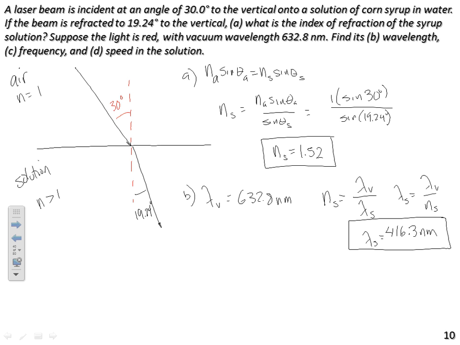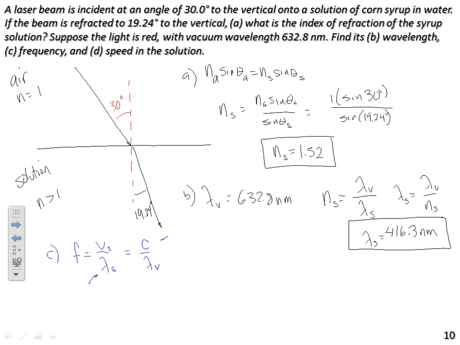Now the frequency, careful here, the frequency, part C, we can do one of two ways. For sure, we're going to do v over lambda. Right? So we can either do v solution over lambda solution, or we can do really c over lambda vacuum. Just make sure here you don't mix the two up. You can't mix a vacuum speed with a solution wavelength.